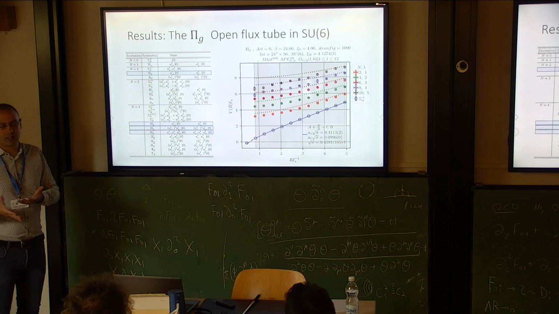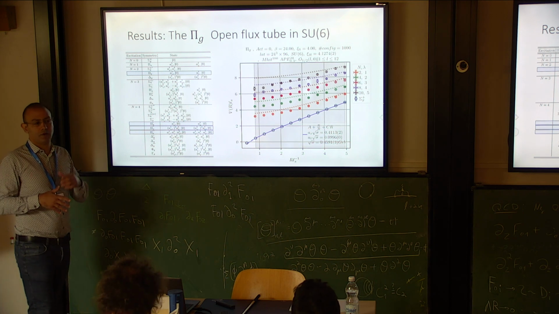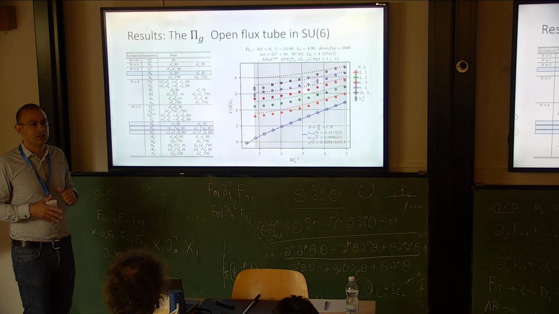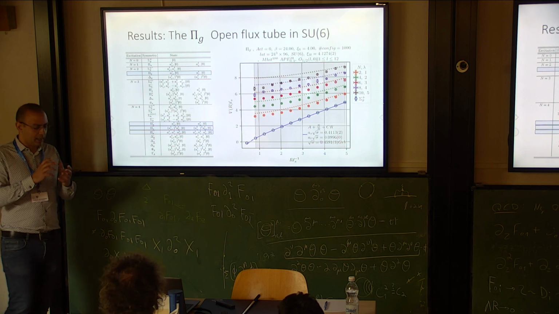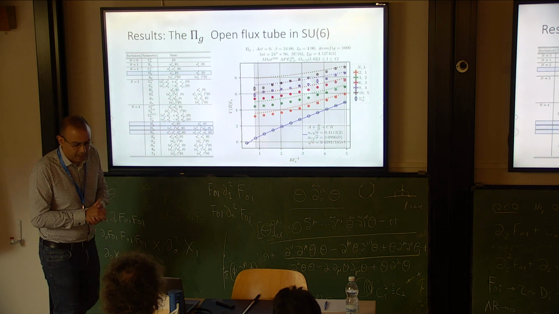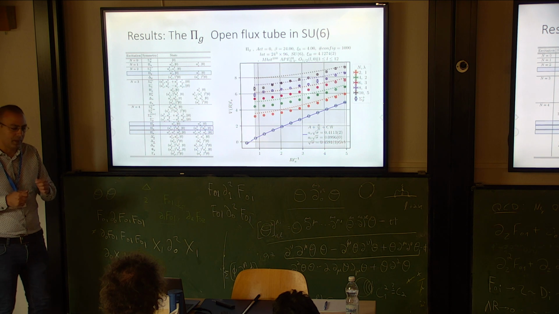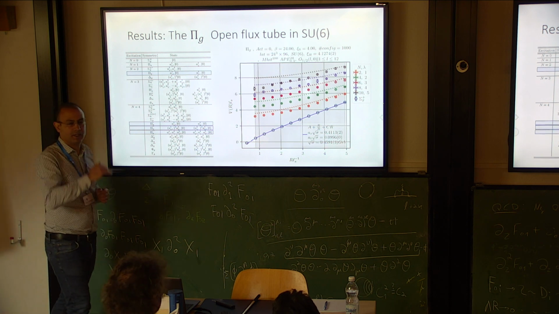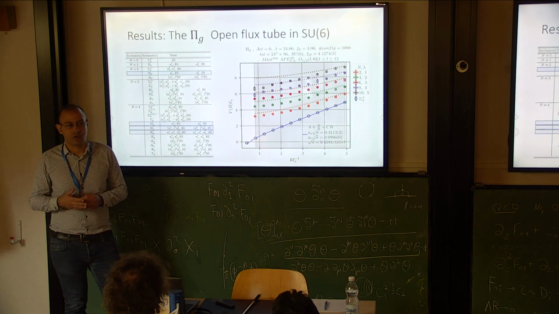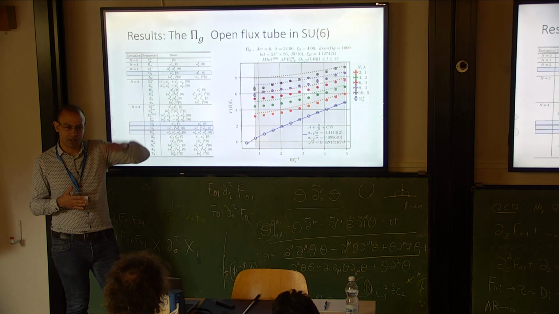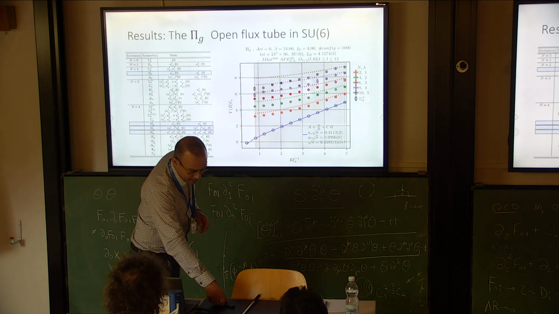For SU(6) in 2+1 dimensions, you can do it. For 3+1 dimensions, I think it's almost impossible with the current technical capabilities. It's impossible because you need very small lattice spacings to be able to see these massive flux tubes. One could also go to the adjoint representation, but the adjoint representation is also extremely massive, so you cannot extract this.